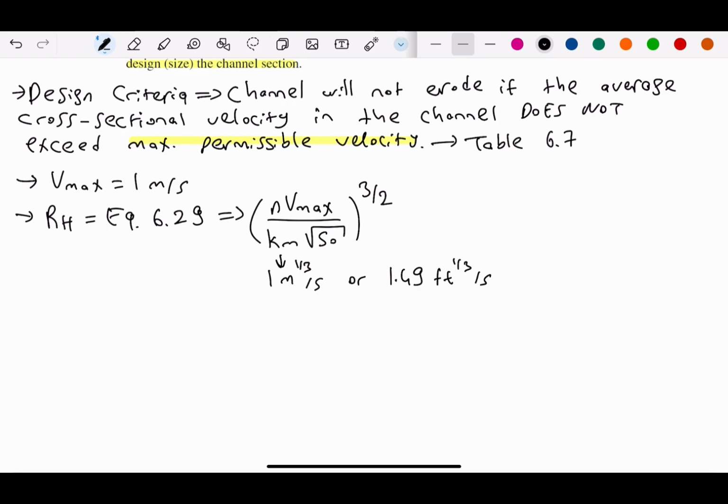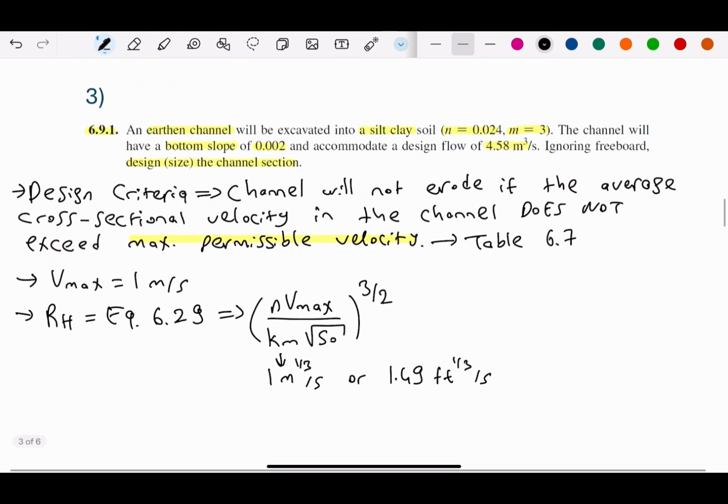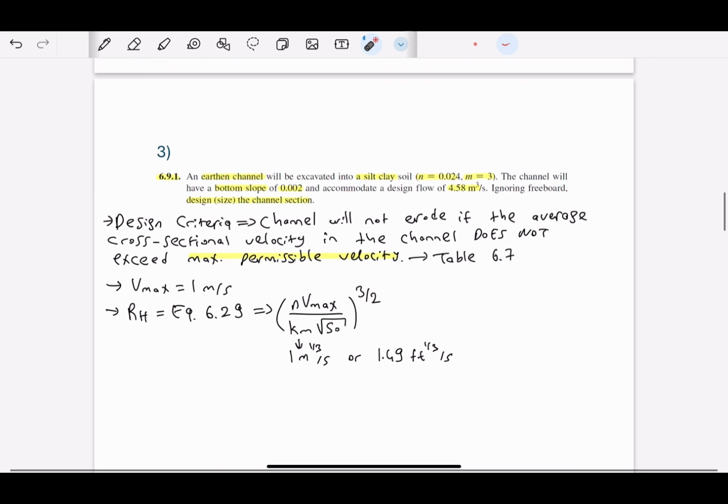Okay, everyone, let's continue with question 3. This is 6.9.1. So in this question, we have an earthen channel, and it will be excavated into a silt clay soil with a max N value as 0.024, and the slope M is 3.